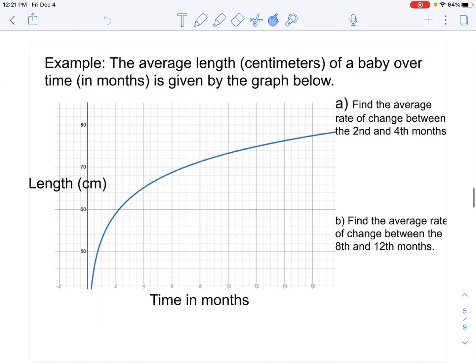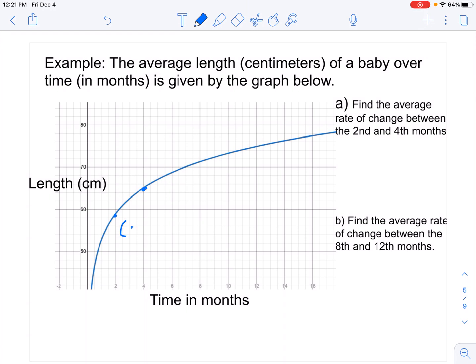Here's an example. The average length in centimeters of a baby over time in months is given by the graph below. Find the average rate of change between the second and the fourth months. So if we go find the second and the fourth, we're going to estimate these two points.